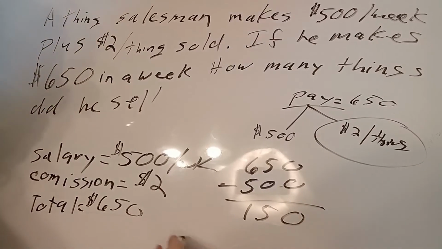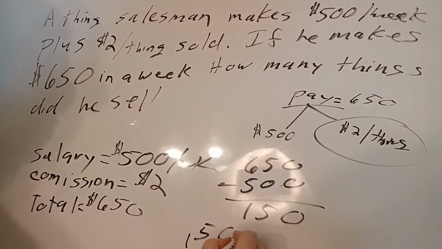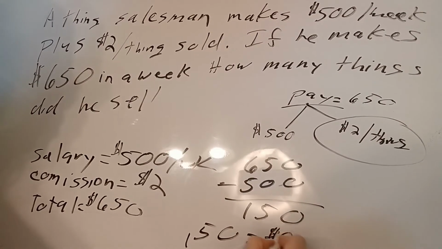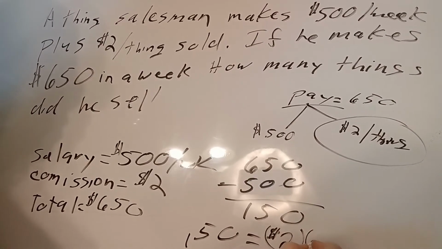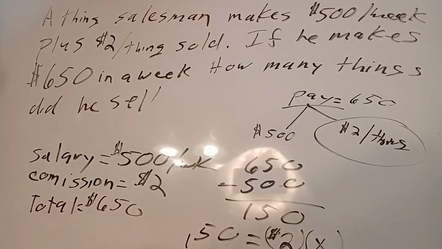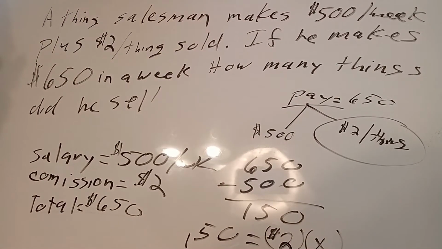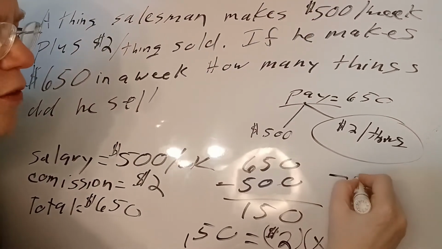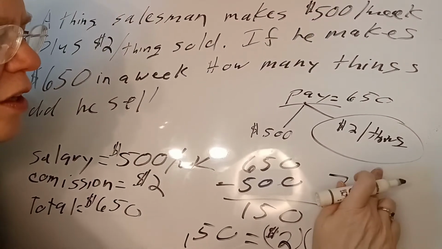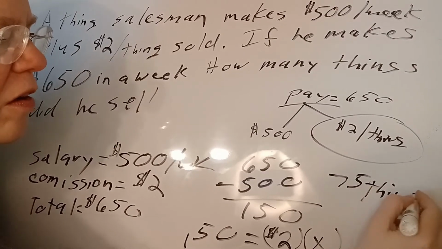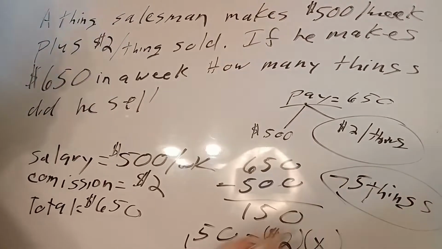At this point we have 150 equals 2 times the number of things. So divide both sides by 2, and we get 75 things. So 75 is our answer.